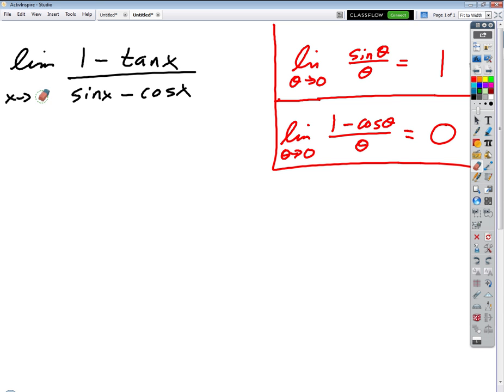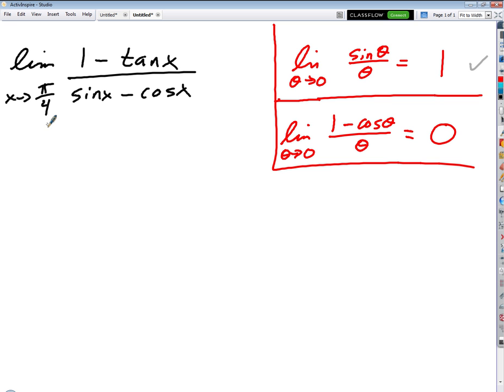Okay, so instead of approaching 0, I'm going to really throw a curve at you. We're going to approach pi fourths. Oh, that's when you got to use our triangles. Yeah, so you're going to want to use your unit circle, right? Let's throw a unit circle up here.